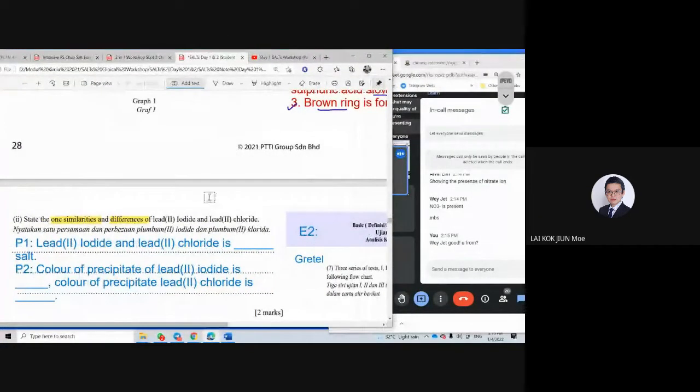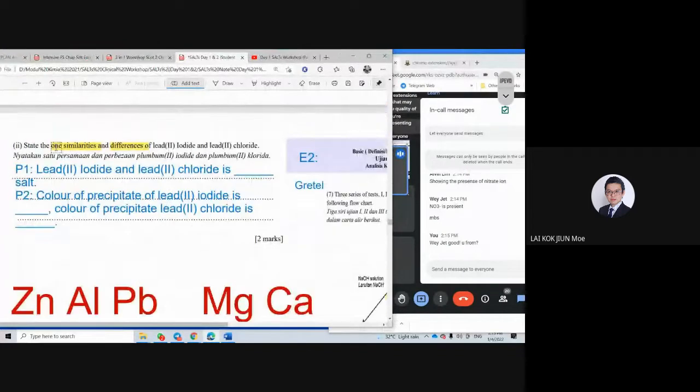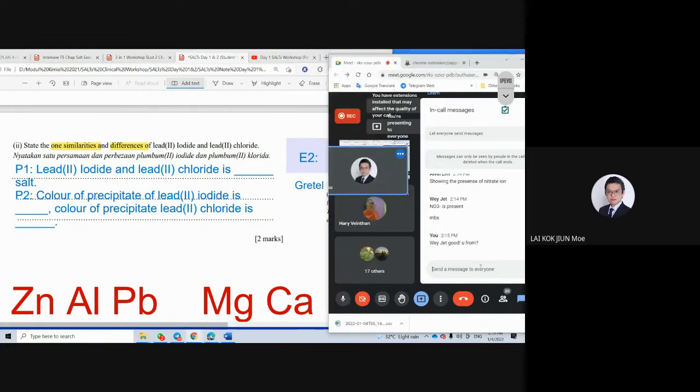Okay, this one. Similarity and the difference. So you can say, the PbI2, what different with the PbCl2, what's the difference? So yesterday I showed you already, right? The video, right? So the PbI2 and the lead chloride is what salt? Which salt? They are soluble or insoluble?